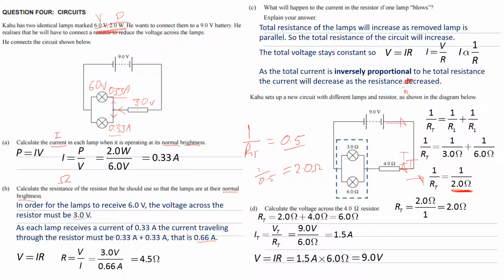So look, the simple mistake I've made here is that I've put the total resistance, but if I'm just using the resistance for the resistor, I want to just use the resistance of the resistor, not the total resistance of the circuit, which is 4.0 ohms. So 4.0 ohms times 1.5 is going to give us 6 volts.